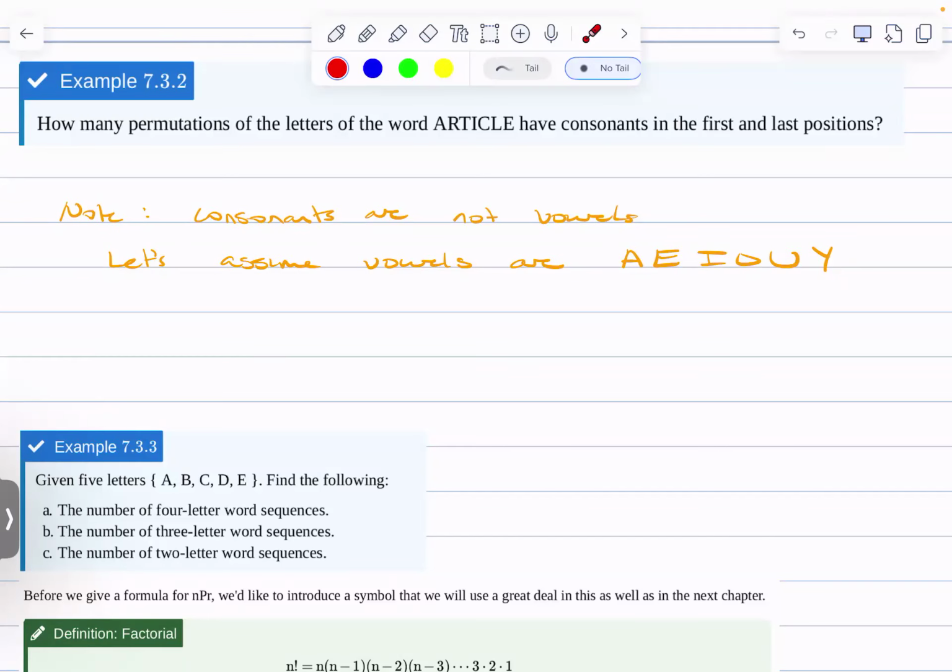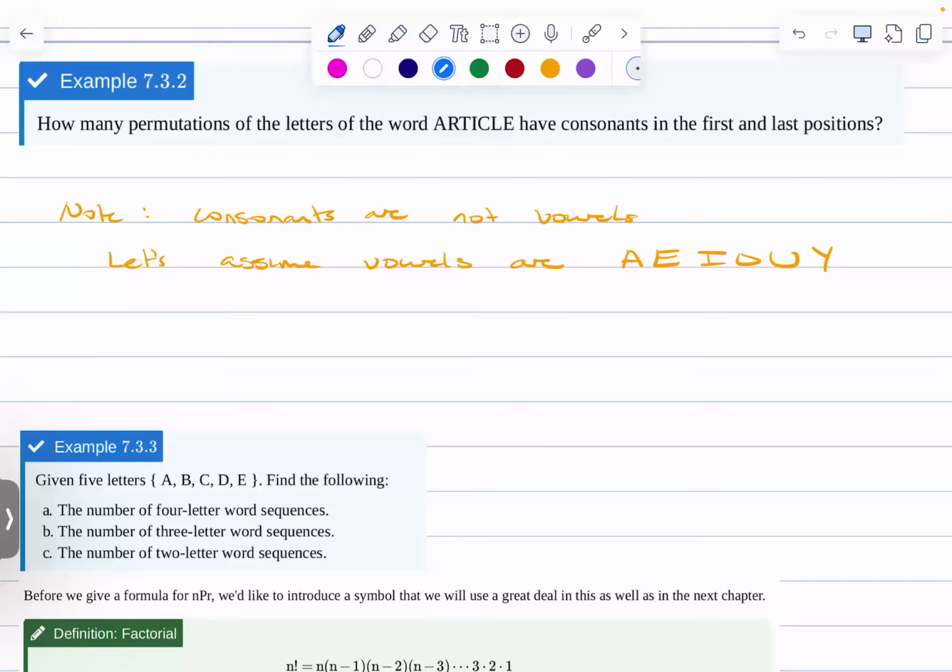Okay, how many permutations of the word article? First thing we want to do is figure out that's just taking all those letters and rearranging them in all the different ways that we could. And we've added some restrictions. So first, figure out how many slots we have.